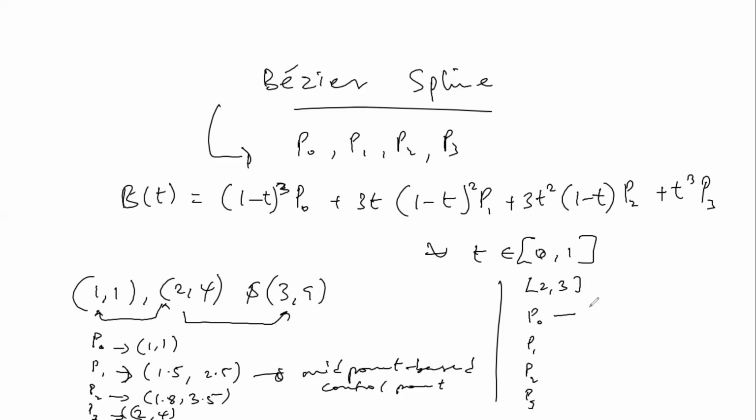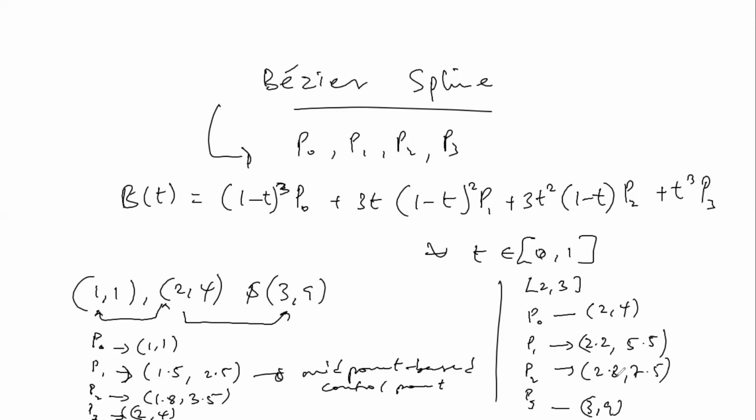We know at this point, it is (2, 4), and at this point, it is (3, 9). We now estimate the control points, which will be (2.2, 5.5), and then we have (2.8, 7.5).